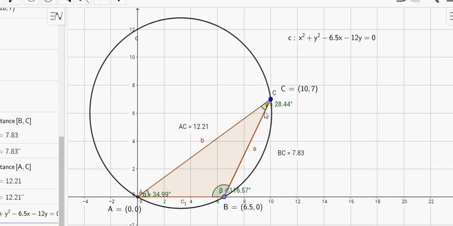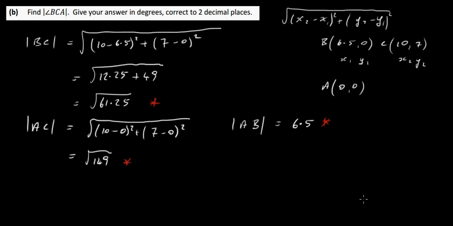So I'm going to use the cosine rule to work out this angle here. I'm going to start on the left hand side of the cosine rule with its opposite side, this side here. So we're going to start with AB, the opposite side in this particular case. So 6.5 is going to be on the left hand side of our equation.